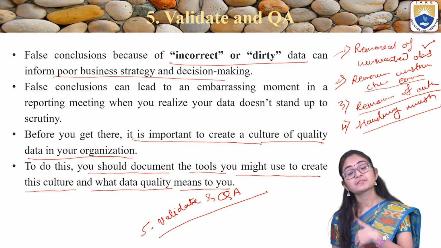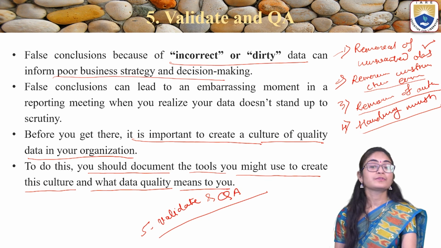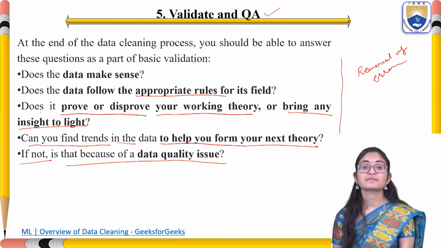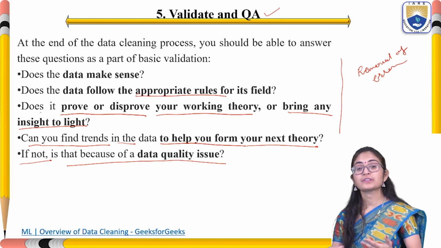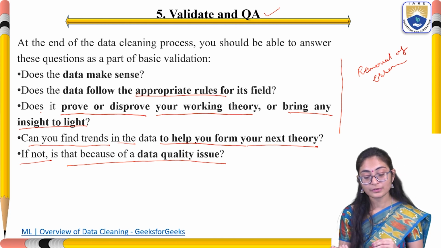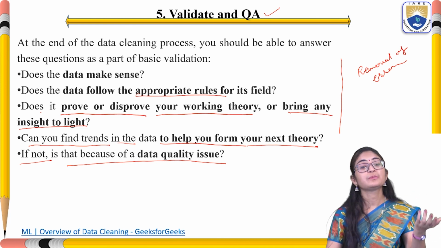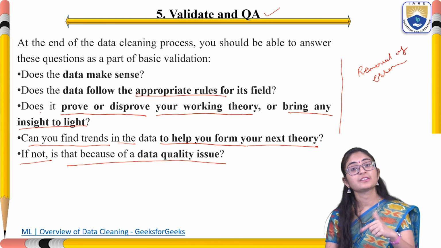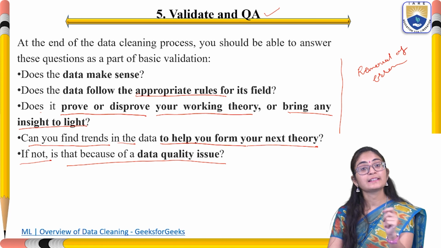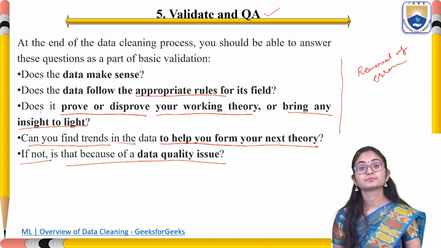You have to find answers to some questions: whether your data is making sense, following rules, working for your theory, will be useful for your next theory, and whether there is any quality issue.